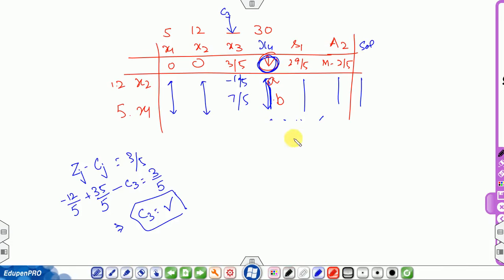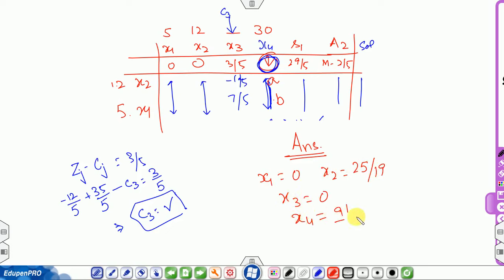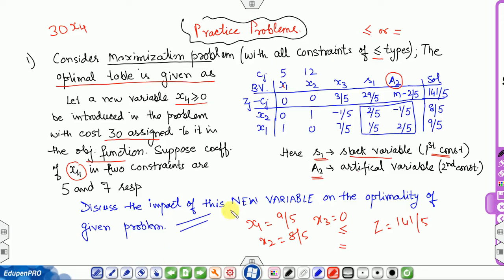So the answer is x1 is 0, x2 is 25 by 19, x3 is 0, and x4 is 91 by 9, and the value of z after solving you will get 30. Okay, so the statement is, discuss the impact of these new variables.